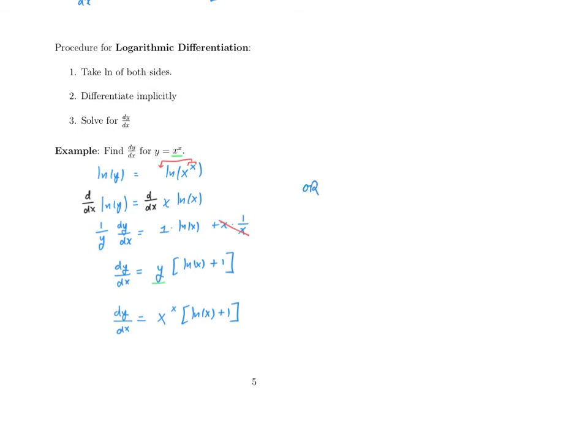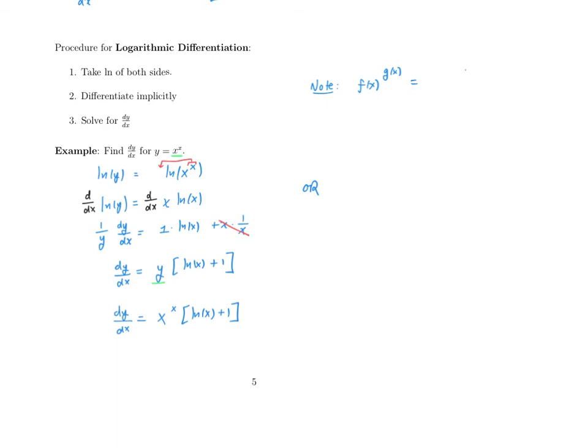But I do want to note that there is another approach that I think might actually be a bit simpler in this case. Let's just make an observation. If we have a function raised to a function, which is precisely what we have with x to the x, we can rewrite this just like we rewrote a to the x when we differentiated it.